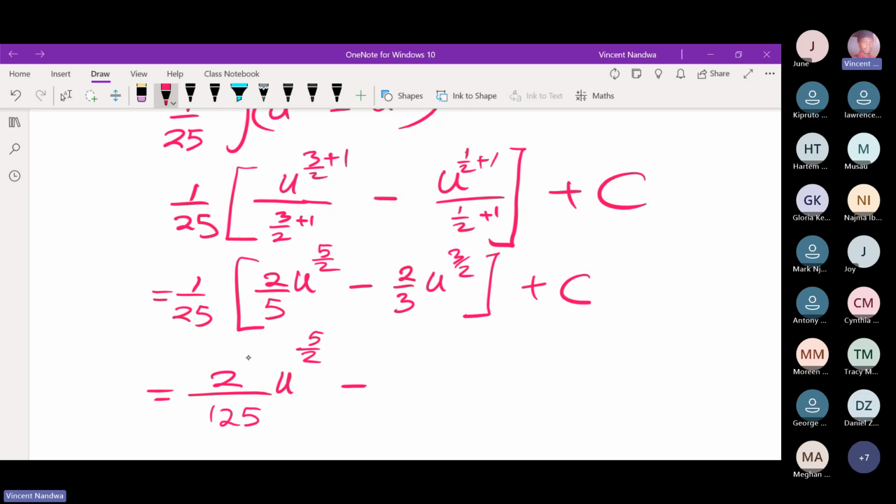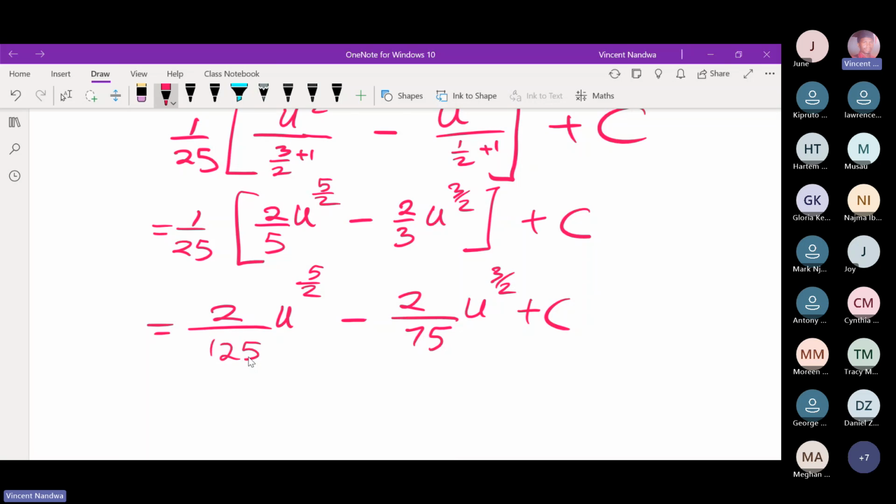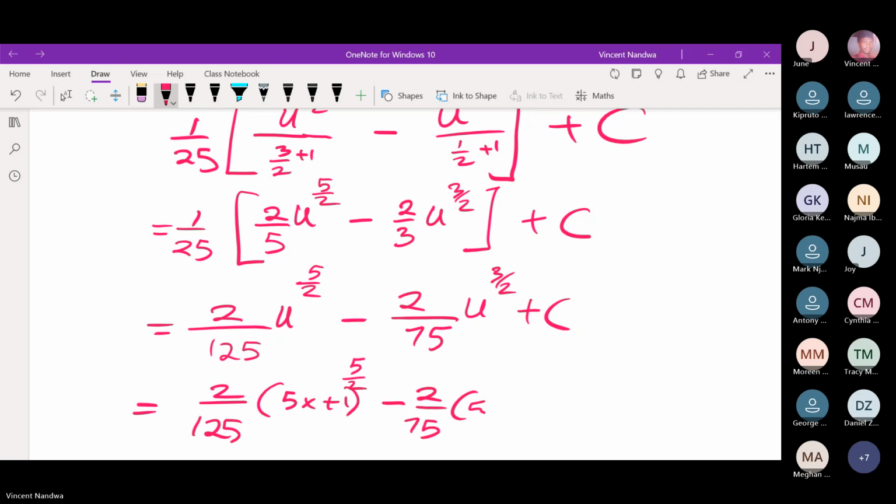Then minus 3 over 2 times 1 over 25, that is 2 over 75, then u to the power 3 over 2 plus c. So the final thing is just now to replace what we fixed to be u. So this would be 2 over 125 times (5x plus 1) to the power 5 over 2, minus 2 over 75 times (5x plus 1) raised to the power 3 over 2, then plus c. That will be the final answer.